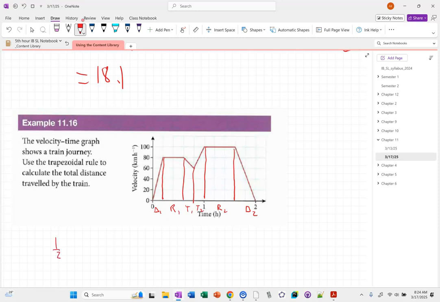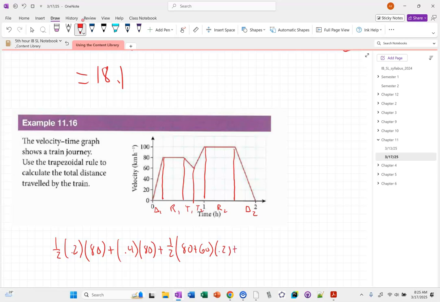So the triangle, so that's 0.2, 0.4, 0.6, 0.8. Each of these are 0.2. So 1/2 base times height. The base is 0.2 and the height is 80. The rectangle, the base is 0.4 and the height is 80. The first trapezoid has bases of 80 and 60, and its height is 0.2.